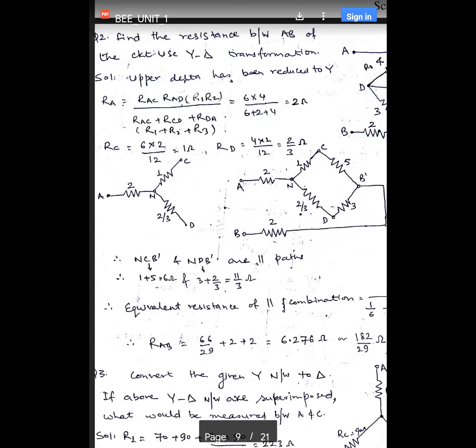Okay, so the revised circuit is like this, and C was connected to B dash as earlier. And D was also connected to a common node, B dash. So this is the revised diagram.